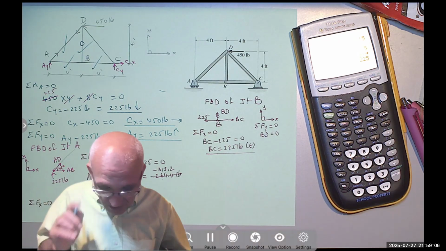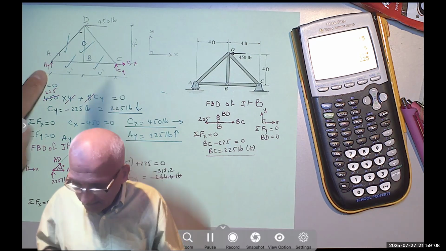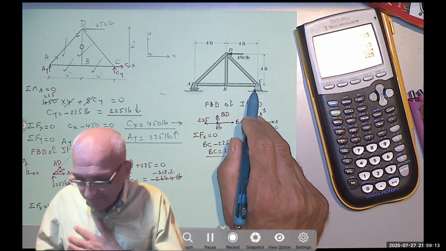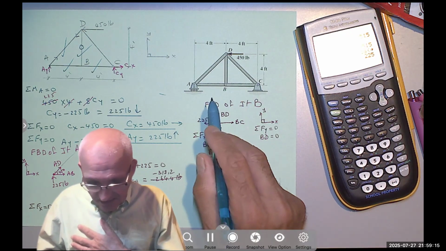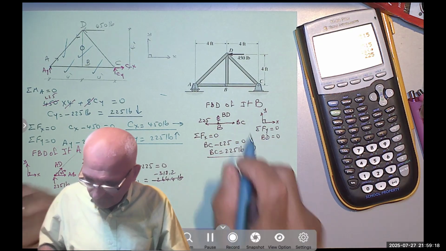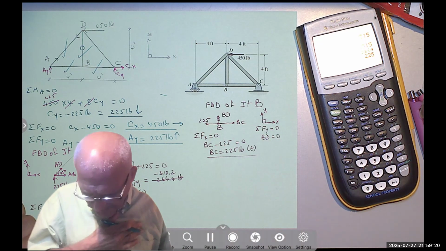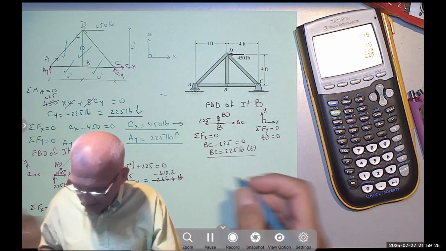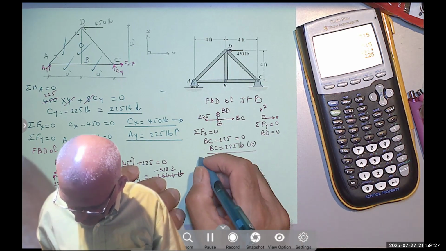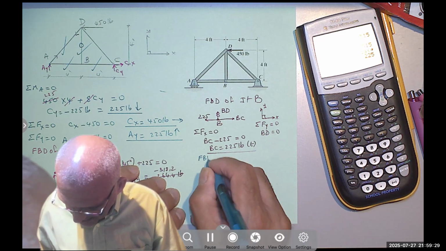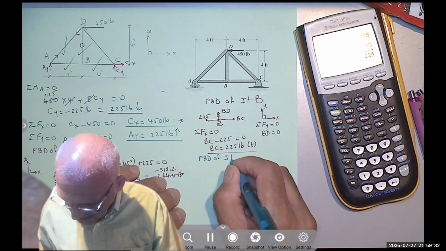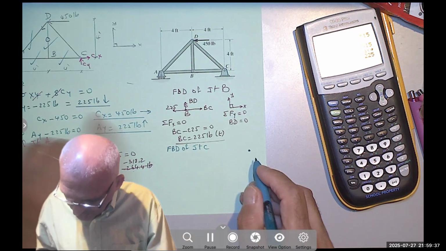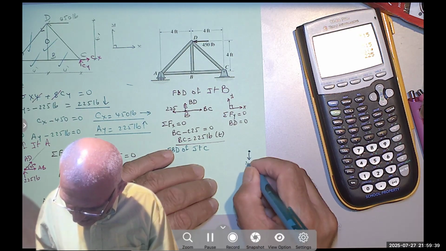We also use three equations of equilibrium for the outside, right? So, excuse me. And we will have the free body diagram of joint C. At point C, I have the reaction CY. Remember, it was 225 going down.